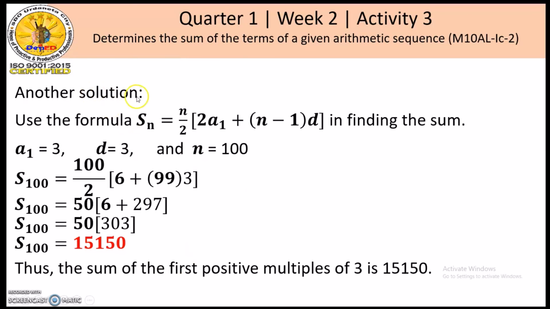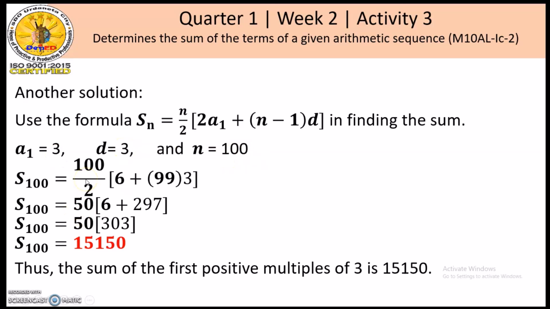So we have another solution. We would use the second formula, wherein S sub n is equal to n over 2 multiplied by quantity 2 times a sub 1 plus quantity n minus 1 times d, in finding the sum. So your a1 is equal to 3 again, your common difference is 3, and your n is 100.